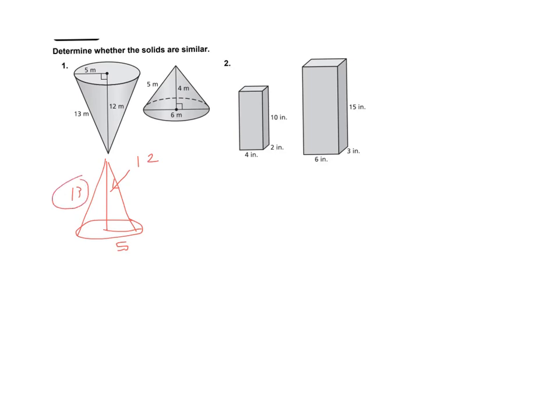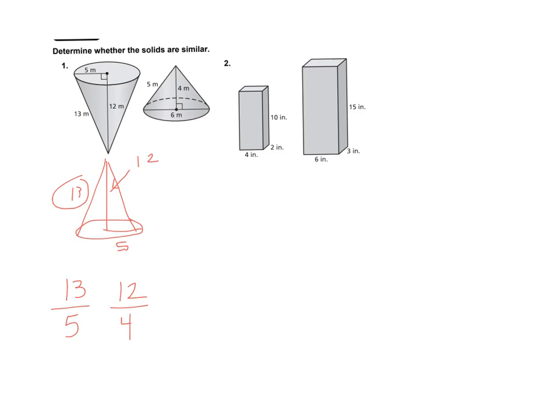So now I can figure out if they are similar by setting up proportions. So 13, this slant height, corresponds to 5. And then 12, the height of the cone, corresponds to 4.